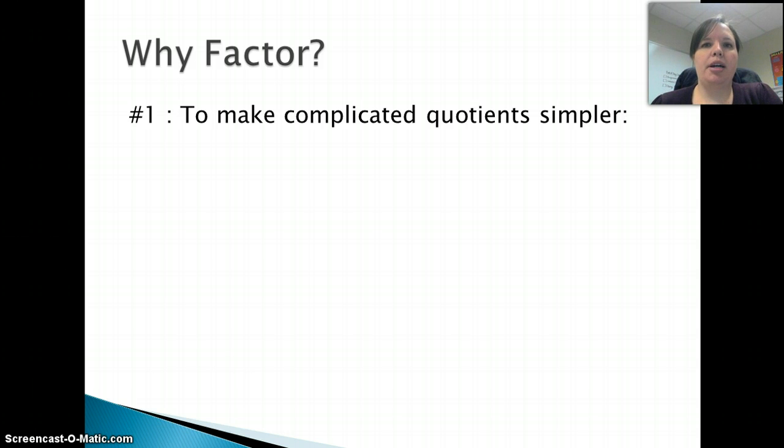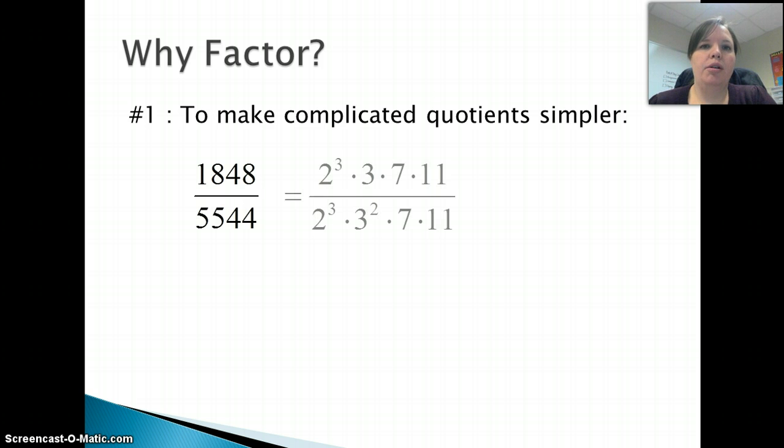So the first one here, to make complicated quotients simpler, is actually a process that you're familiar with regarding numbers. So right now, you've got two pretty large numbers, 1848 and 5,544. One way, when you first talked about simplifying quotients, simplifying fractions, was to write out the factors. Doing a factor tree on these numbers would be a long process, but we went ahead and did it for you.